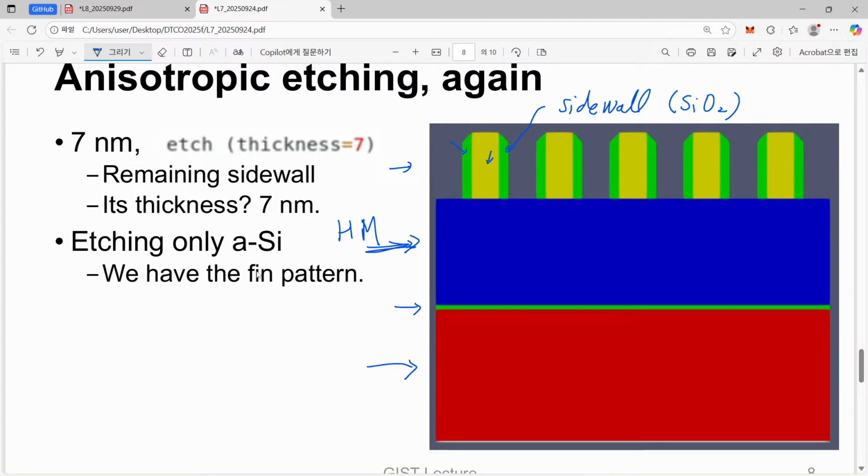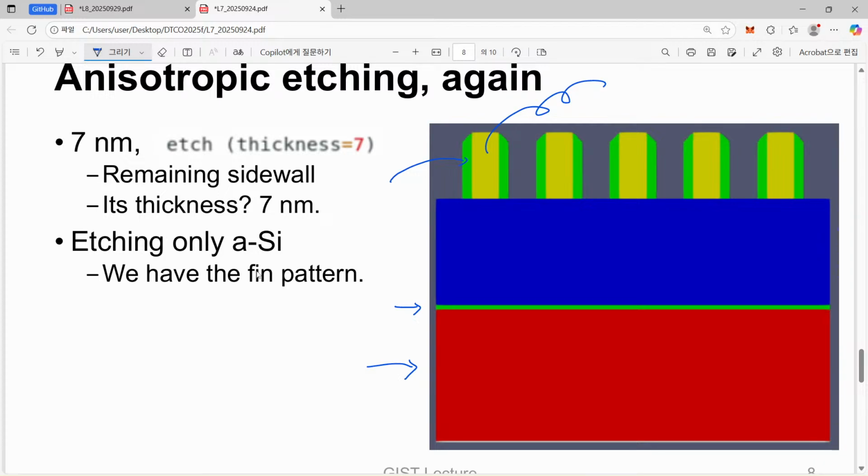In this case, the role of the mandrel is over. It was used to make this sidewall, and now it should be eliminated. But if we eliminate this mandrel, we have to keep this sidewall as before, so that should be done in this lecture.